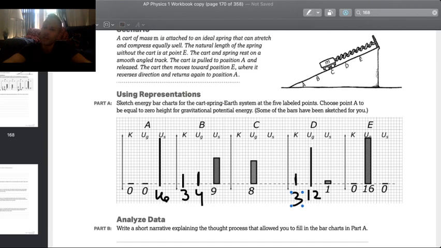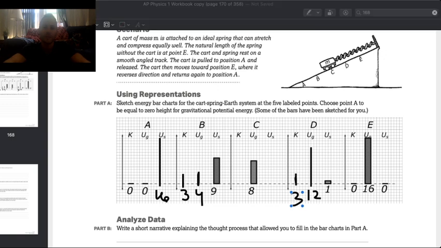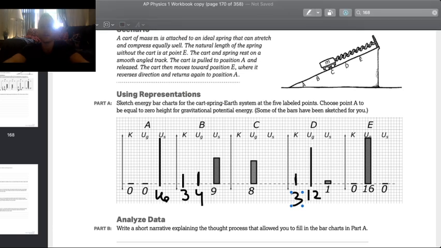Then if we look at going from D to C, point C is stretching the spring twice as much. And you might remember the formula for elastic potential energy is 1/2 kx squared. So if we double x, we're going to square that double and get 4 times the amount of elastic potential energy.